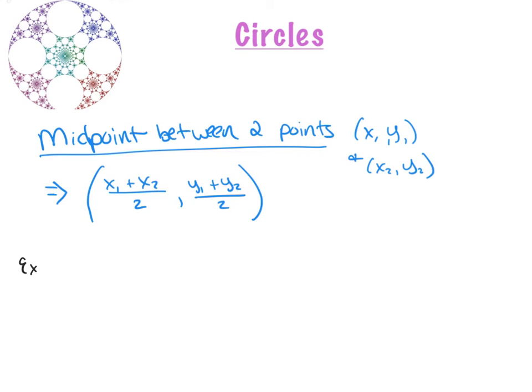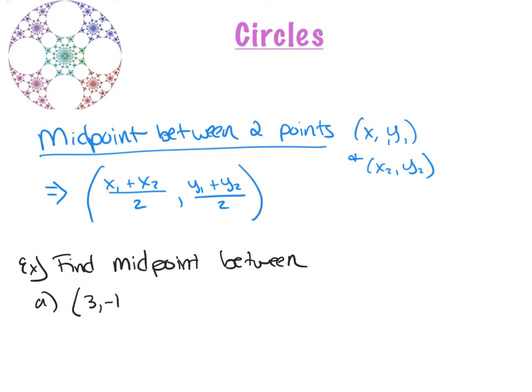So just as a quick couple of examples, if we had to find the midpoint between the ordered pairs, let's do (3, negative 1) and (5, 2). The midpoint would be 3 plus 5 over 2.